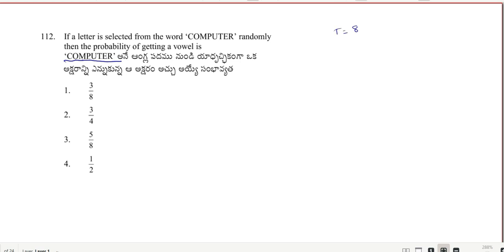In this, how many vowels are there? A, E, I, O, U are said to be the vowels of English alphabet. In this, what are the vowels that we have? O, U, and E. 3 vowels. So required probability of getting a vowel means number of vowels by total letters, that is 8. 3 by 8 is the correct answer. So the first option is the correct answer for this question.